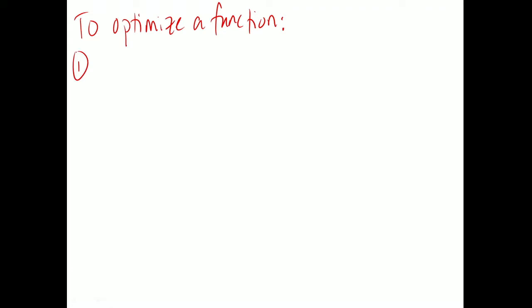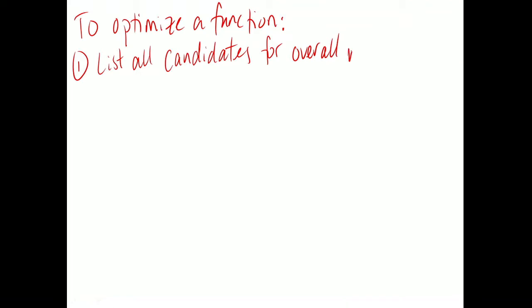So, list all candidates for the overall max and or min. That's what we'll officially call these, the overall maximum and overall minimum. List all the candidates who might be the winner of the highest and of the lowest possible values.